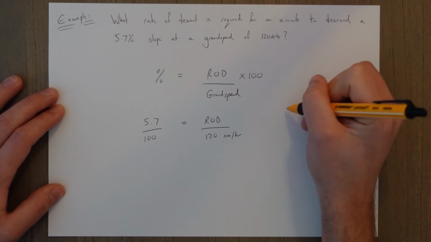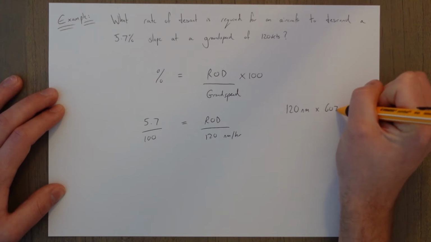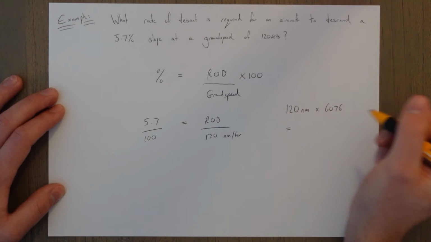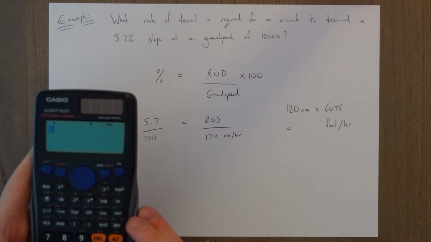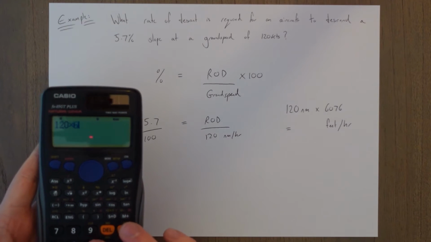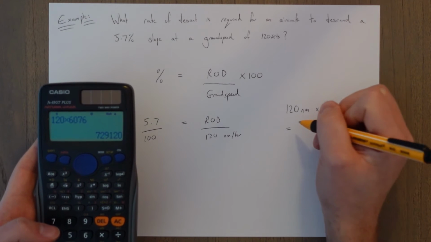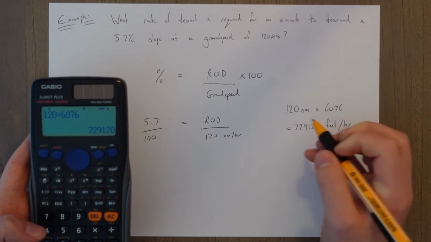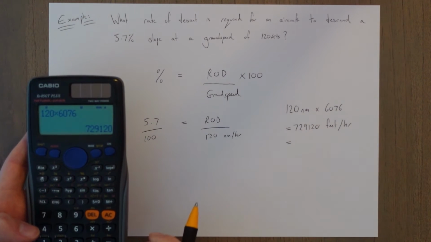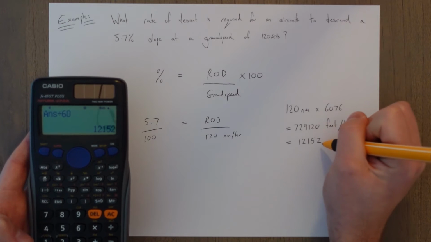And to do that, 120 nautical miles times 6076 will give us an answer in feet per hour. So we've got 120 multiplied by 6076. Get some mad number there, 729120. That's every hour. So if we divide by 60, we'll find out what it is every minute. 12152 feet per minute.